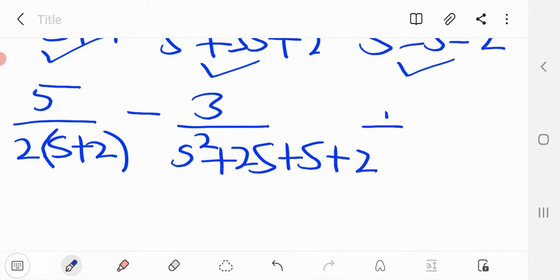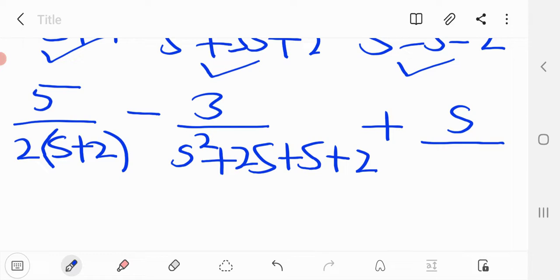Thirdly, plus s divided by s square minus s minus 2. It is also a quadratic equation, so it can also be split into two terms.